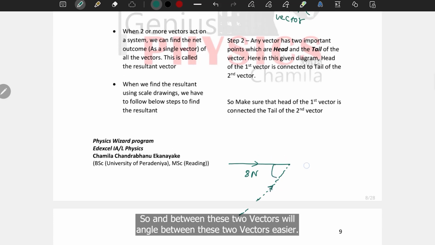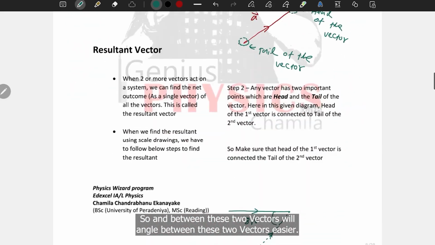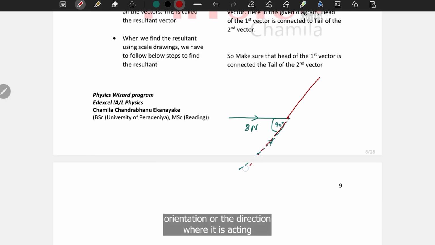And the angle between these two vectors was 40 degrees, and now I'm going to replace the same. I'm not going to even change the orientation or the direction where it is acting like this. I just keep it as it is, but I have just satisfied the condition required to find the resultant.